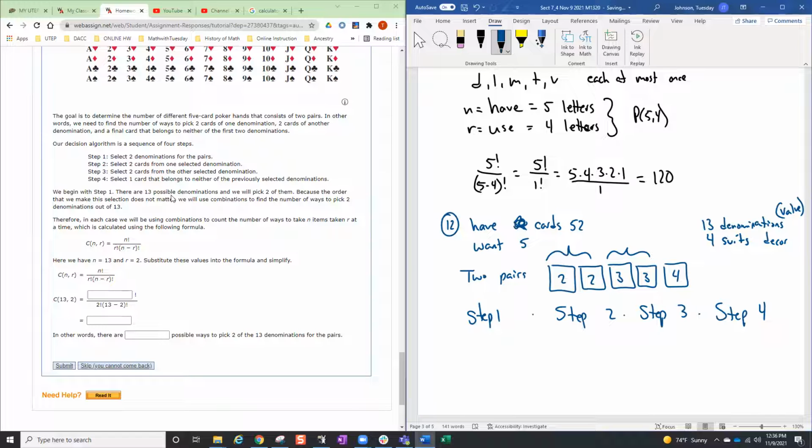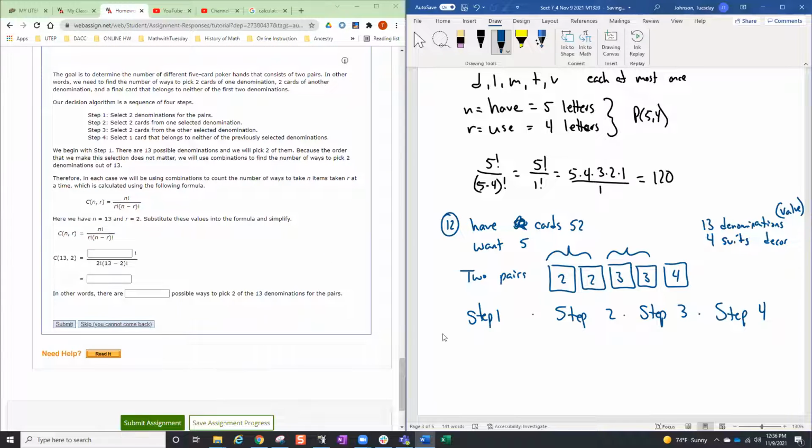All right, so 13 possible values, and we want to pick 2 of them. The order that we make this selection does not matter. It doesn't matter if we get 2s first or 3s first. We're going to use combinations to find the number of ways to pick 2 denominations out of 13. So for step 1, we'll have C of 13, comma 2.